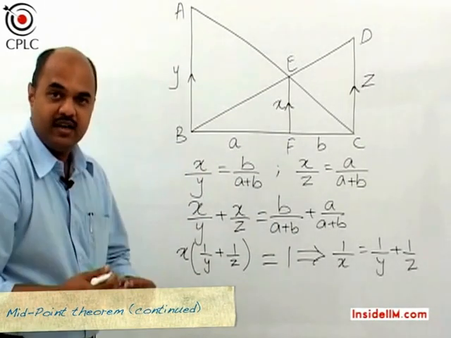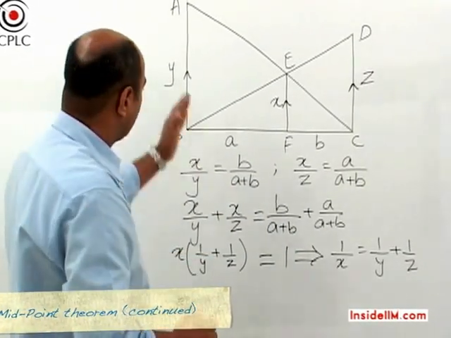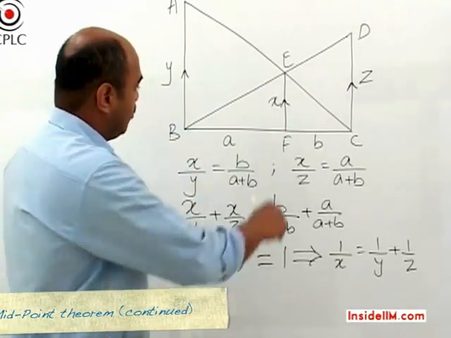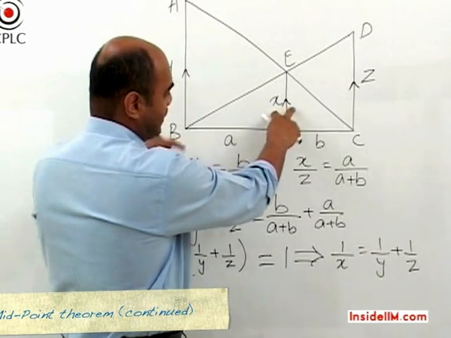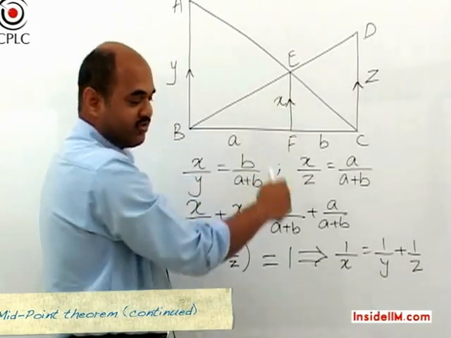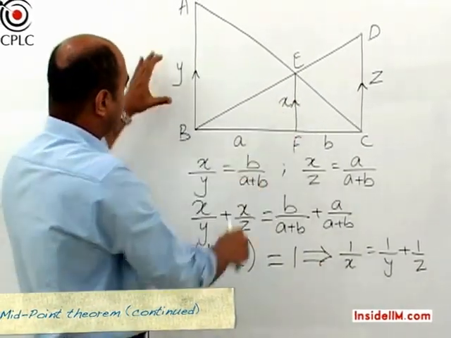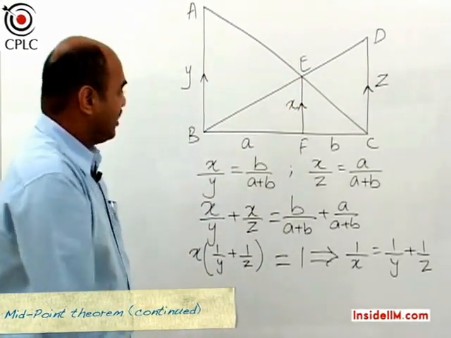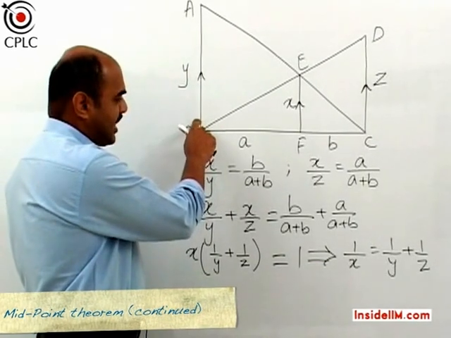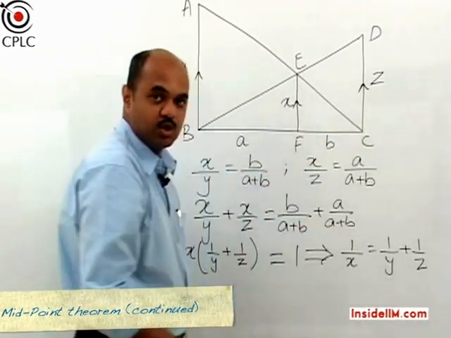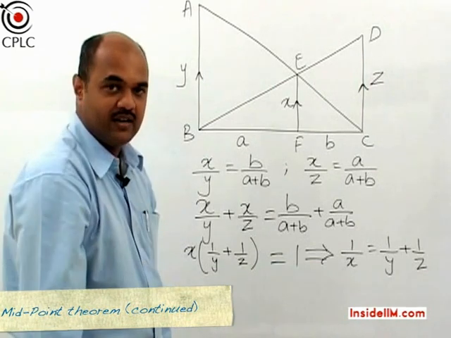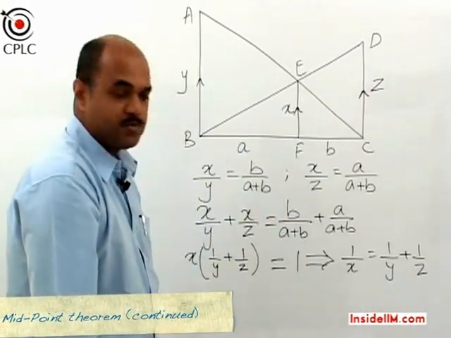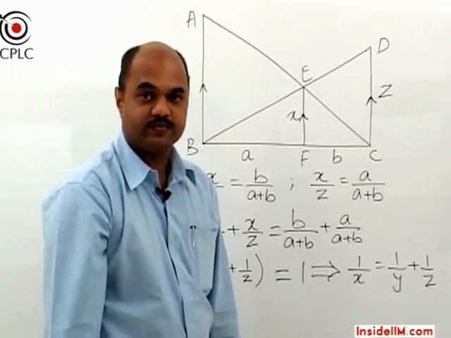So whenever you see a diagram of this type where you have three lines parallel to each other, we can safely say that for this length x, the reciprocal, 1 upon x, is equal to 1 upon y plus 1 upon z. Please note, there is no compulsion for the angle at B and angle at C to be 90 degrees or right angles. As long as these lines are parallel to each other, this property would always be true.